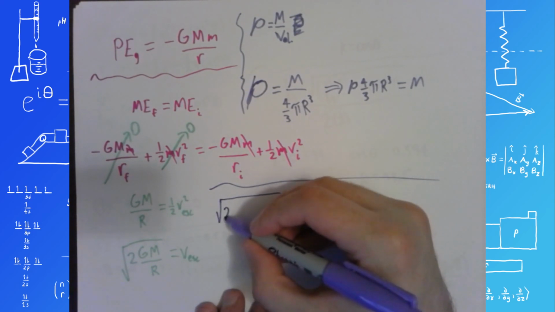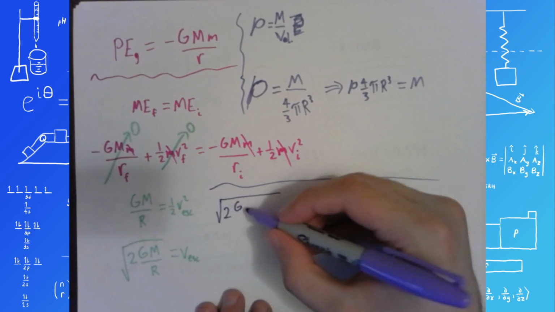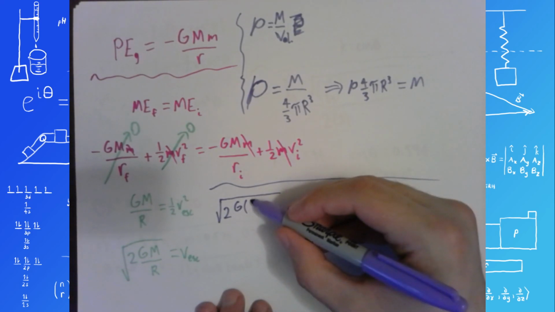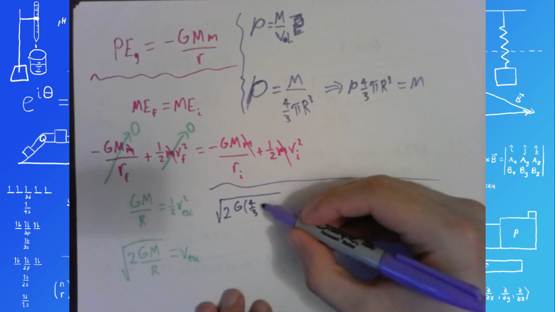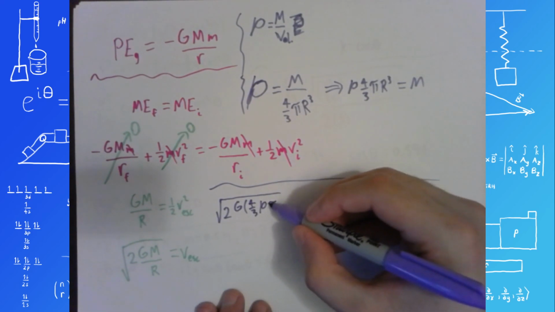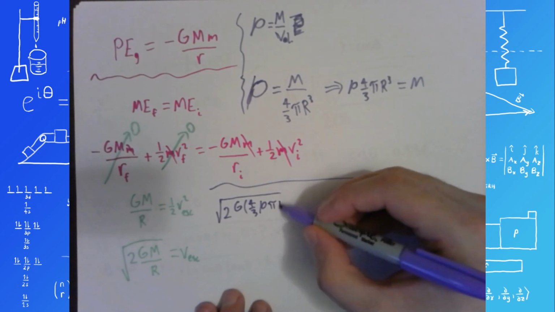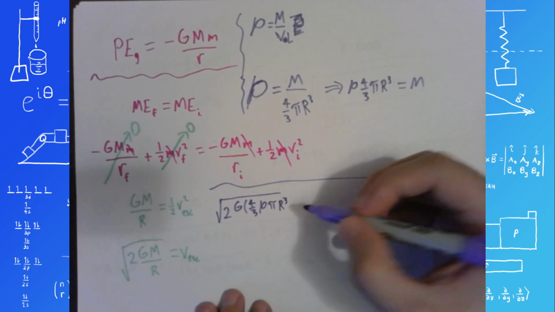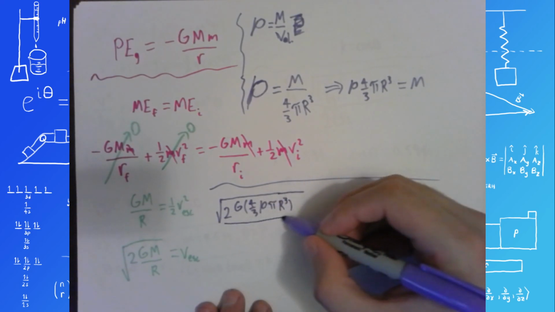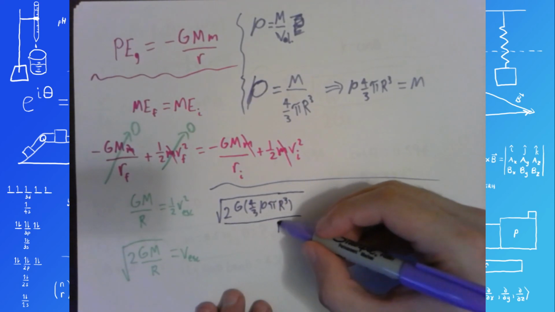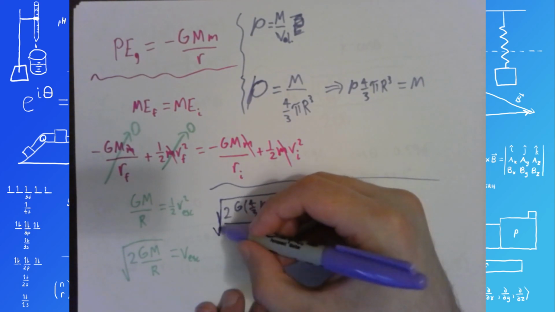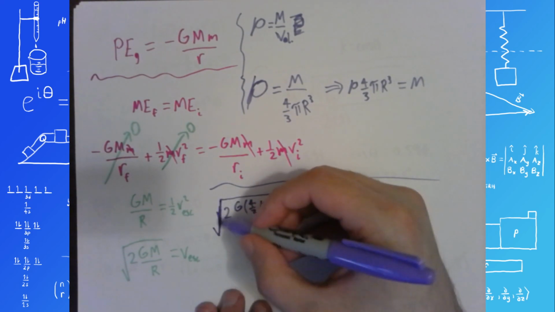escape velocity is the square root of 2 times big G times 4/3 rho times pi times r cubed over r, and I guess I didn't make the square root big enough to include that denominator.